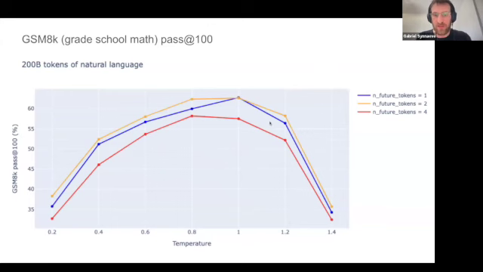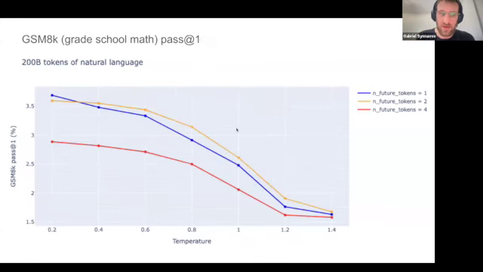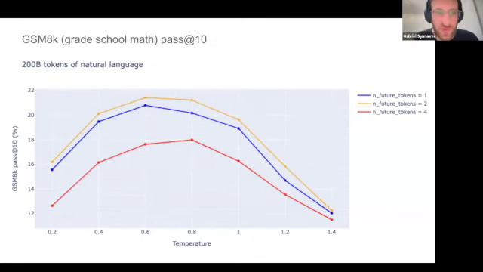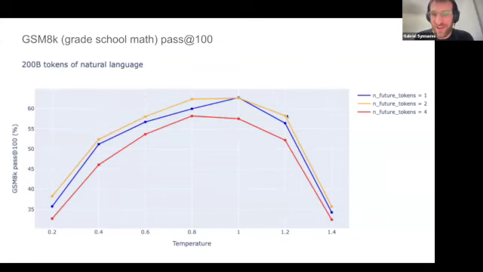And as you go towards pass at 100, the difference between 1 and n tokens actually decreases, and then the boost in this case is really in the other direction.